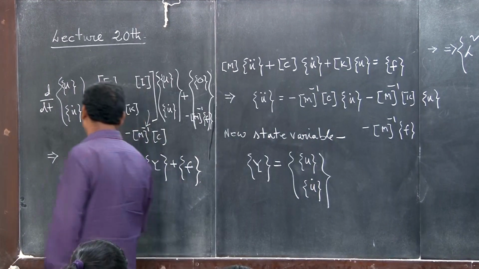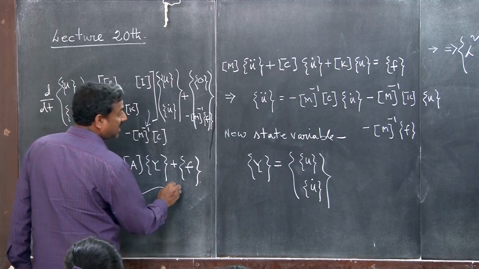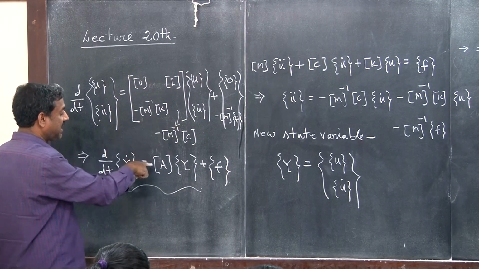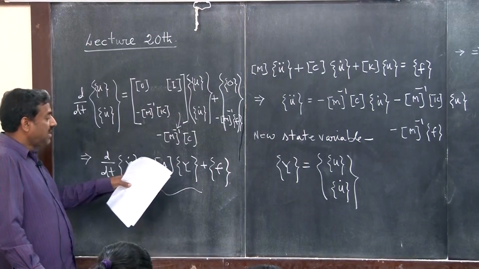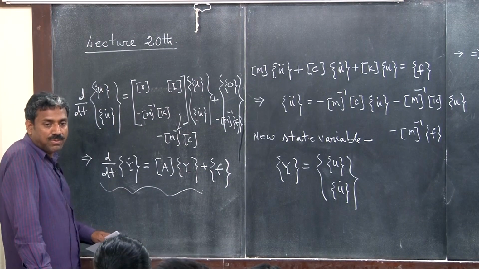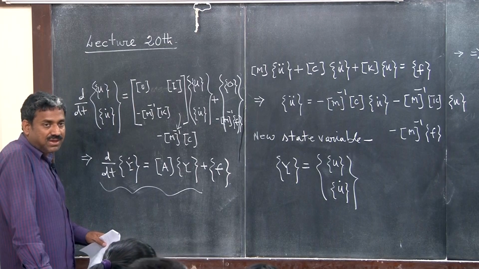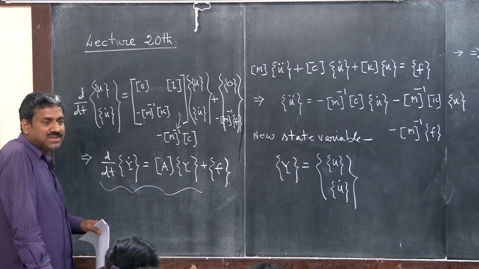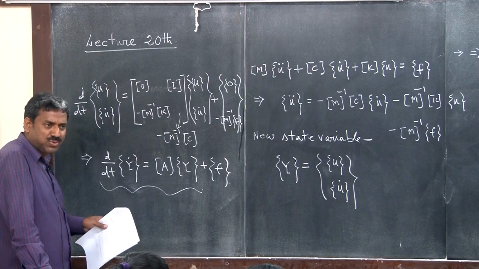So only these two terms will be there, right? And so this problem can be written using a state space form, so you can convert a quadratic eigenvalue problem into an eigenvalue problem of first order, right? Not quadratic. But in that case, the dimensionality of the problem will increase from n to 2n.